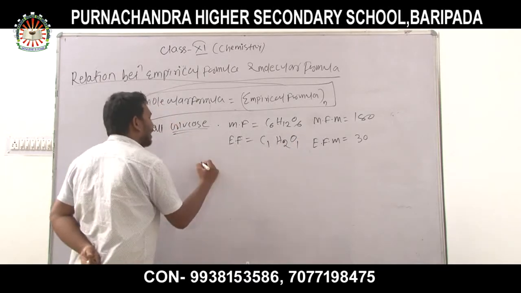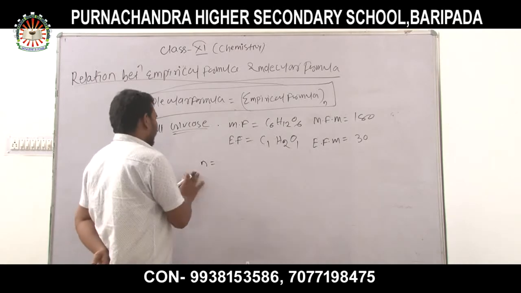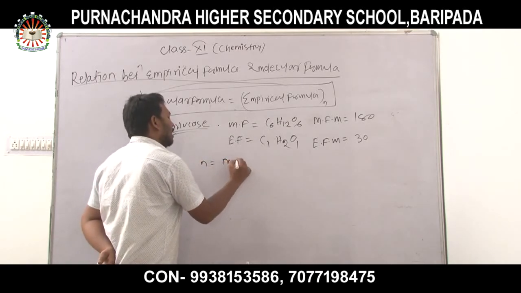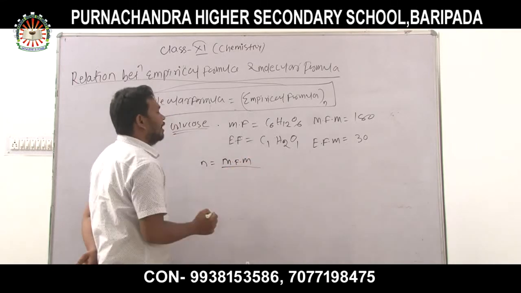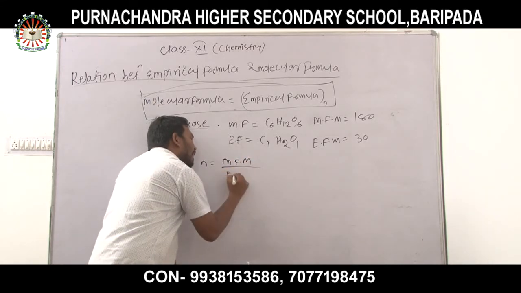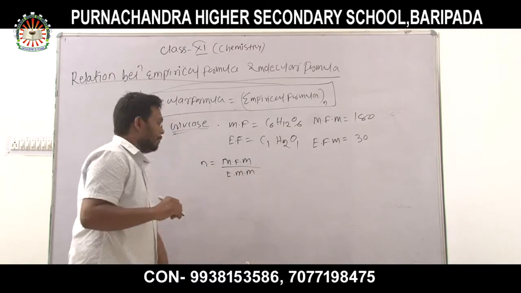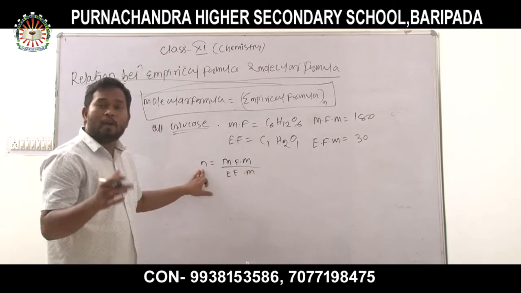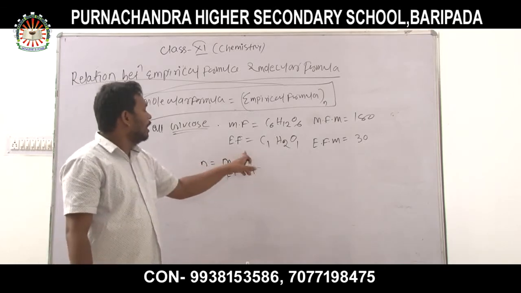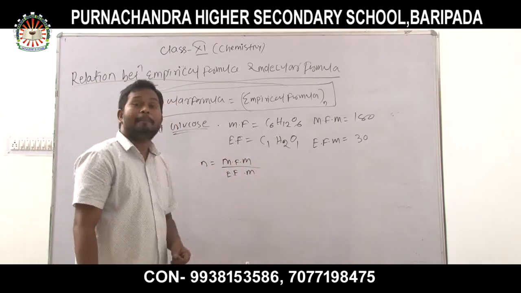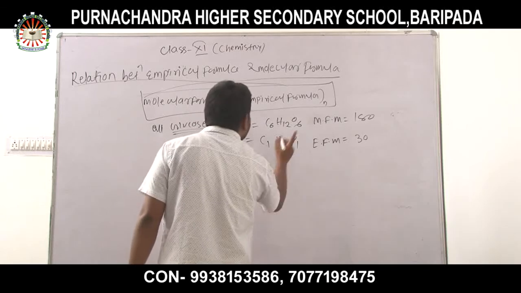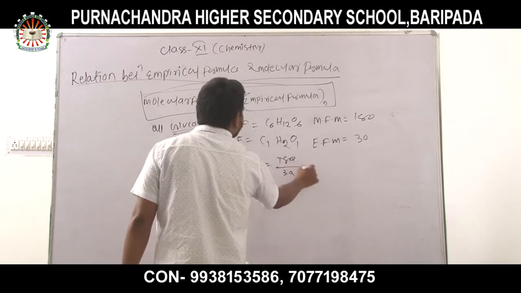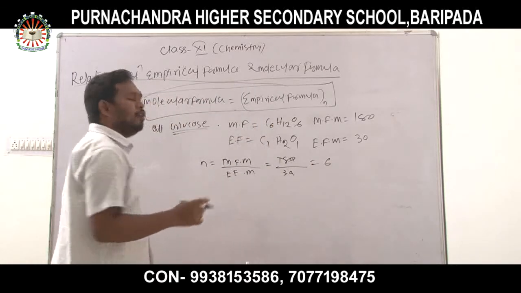Thus n equals molecular formula mass divided by empirical formula mass, that is 180 divided by 30, which is 6. So n equals 6.